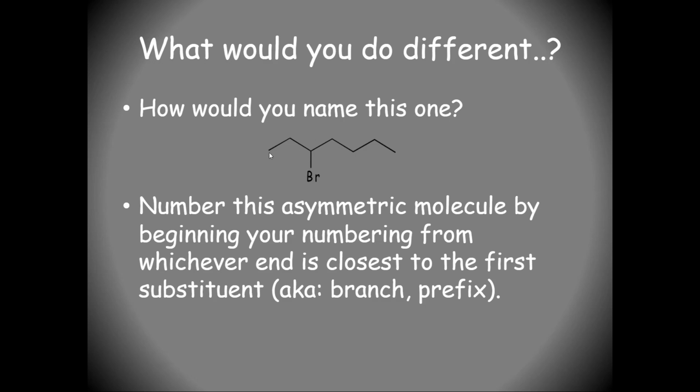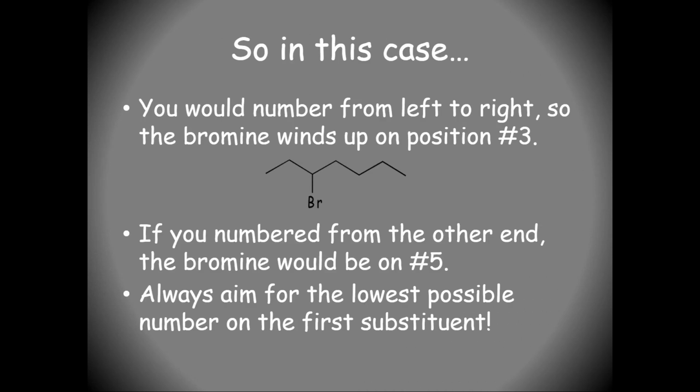We could theoretically go 1, 2, 3, and this would be 3-bromoheptane, or we could go 1, 2, 3, 4, 5, and this would be 5-bromoheptane. Since we're trying to minimize the counting, we always go from the left side or the right side, depending on which is closer. This will be its official name, 3-bromoheptane. We're always aiming to have the lowest possible number for the first substituent.